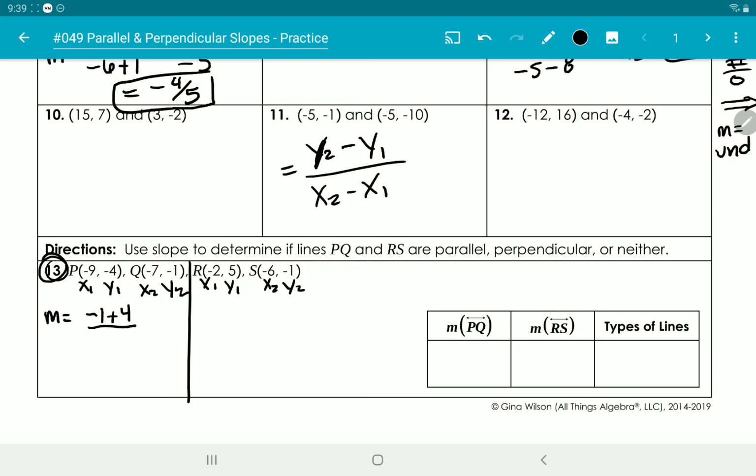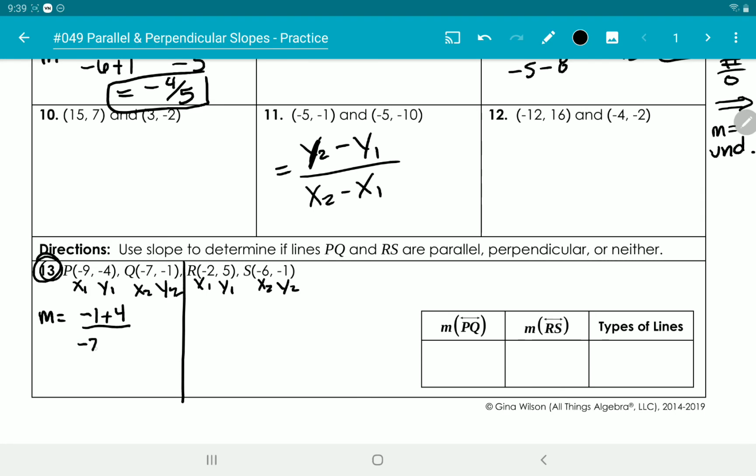So it's going to be plus 4 because it's minus negative 4. Then we have x2 is negative 7 minus x1 is negative 9. So minus negative 9 is the same as plus 9. That's going to give us 3 divided by 2. Okay, and so our slope is going to be 3/2 for this first one.